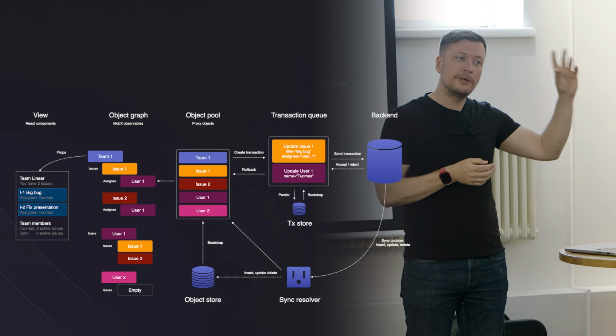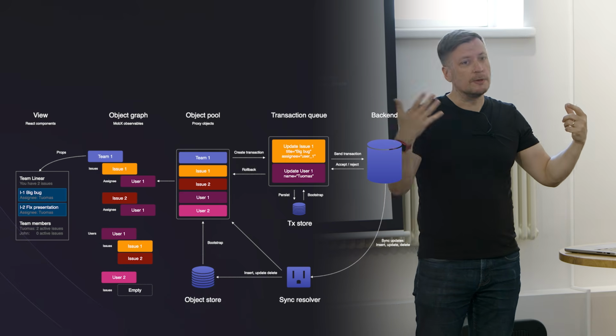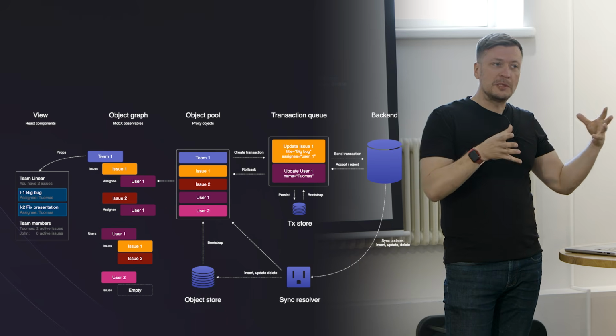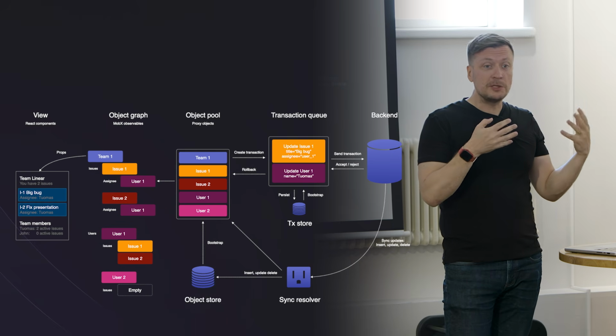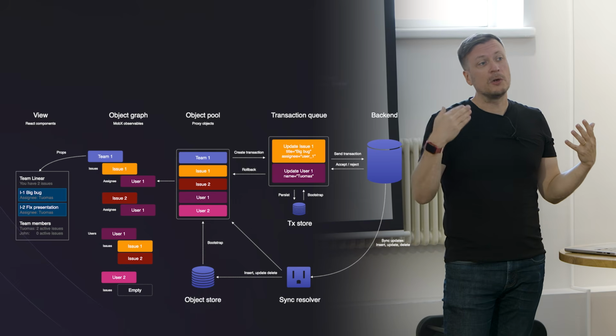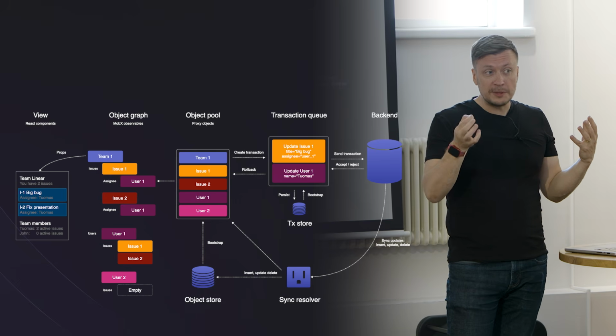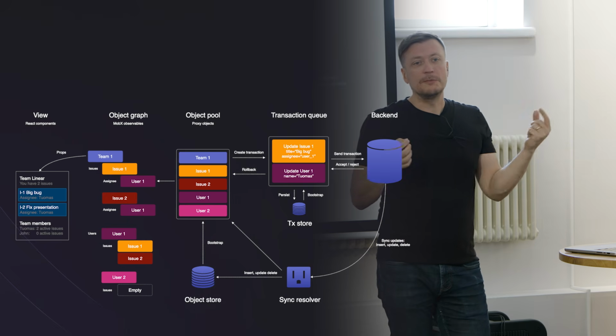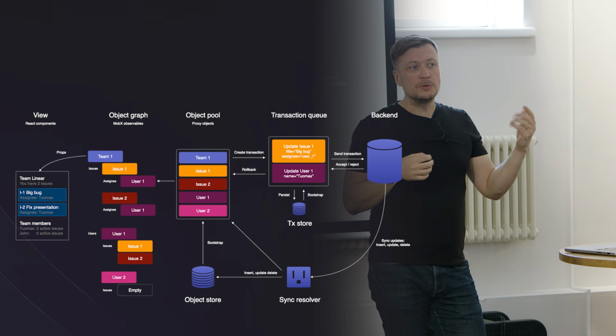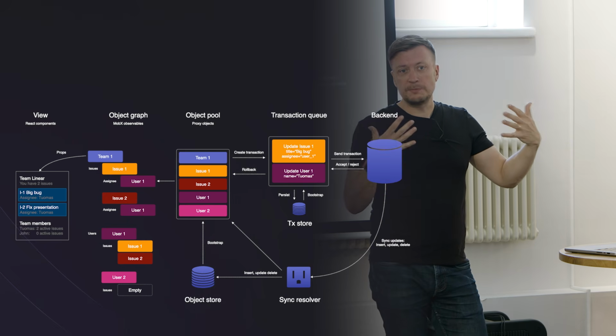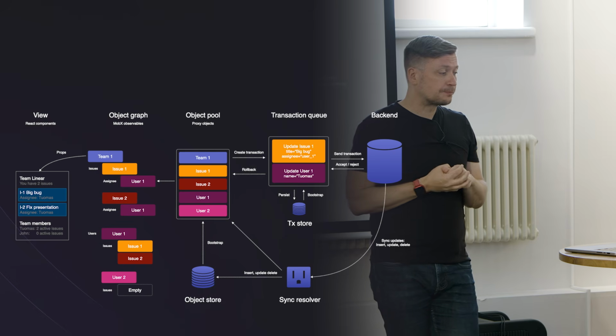And then when you render your view and access properties on individual model objects, MobX will note that there's a correlation between your view and that model object, and when individual properties on that model object update, that's a note for MobX to re-render the view that was dependent on that model object.